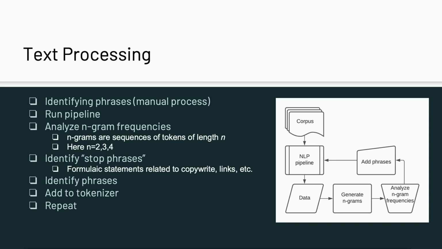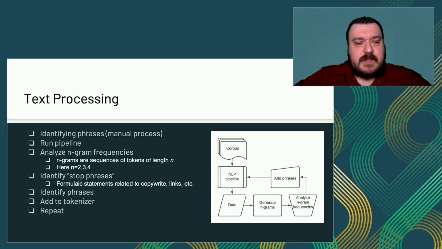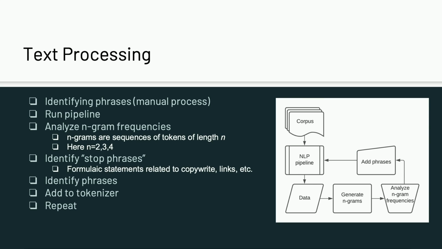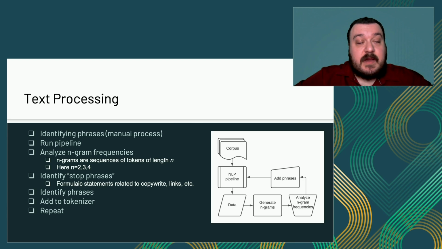So let's look some more at the text processing. Here we see that we're going to take the corpus and run it through the basic text processing we talked about in the previous slide, where we get the lemmas and the normalized tokens out. But we also want to look for n-grams for that more complex pipeline. There's a way we can look at those using a manual process.